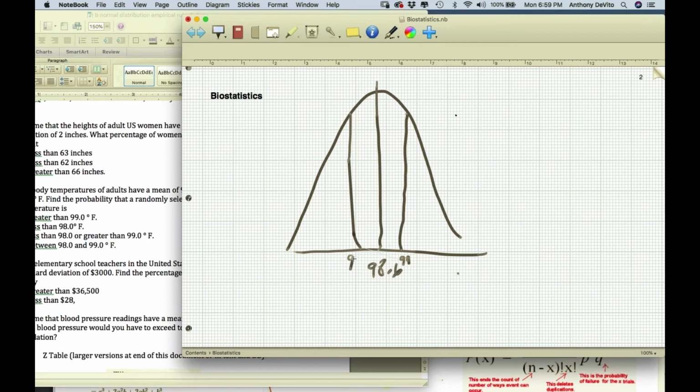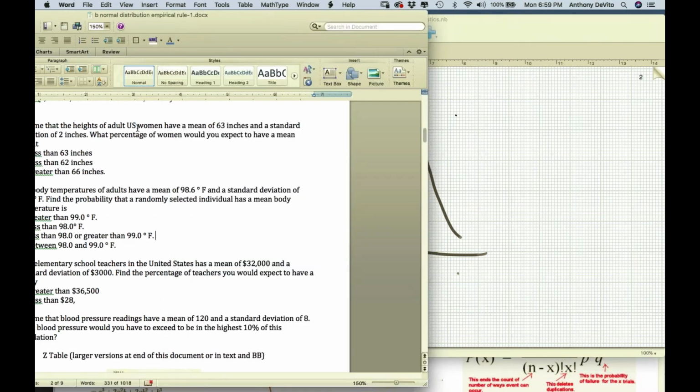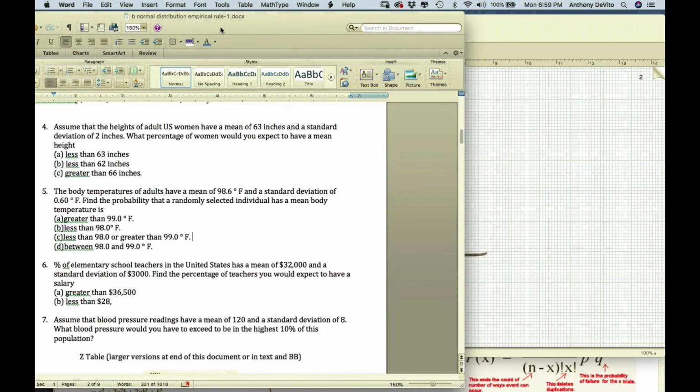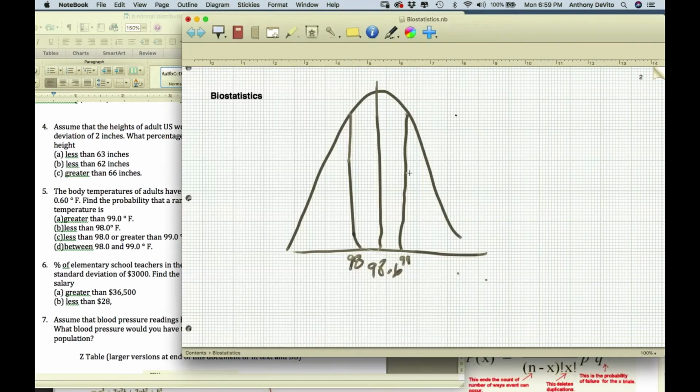First of all, if we randomly select an individual, what's the likelihood they have a body temperature that's greater than 99 degrees? Our standard deviation was 0.6 degrees.